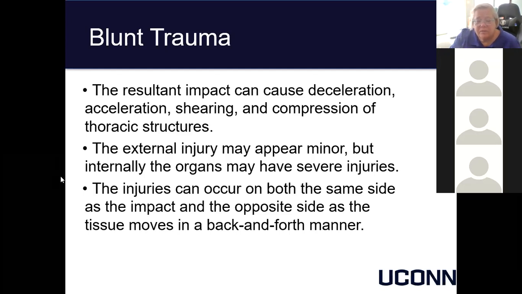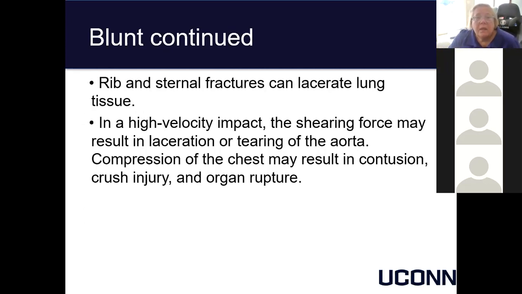And they're often worse on the side of the body where the body actually stops. So in the case of the seat restraint, it's going to be on the front side of the body. If somebody fell backwards and landed on the ground, perhaps the damage would be more significant on the dorsal side of the body, if you will.